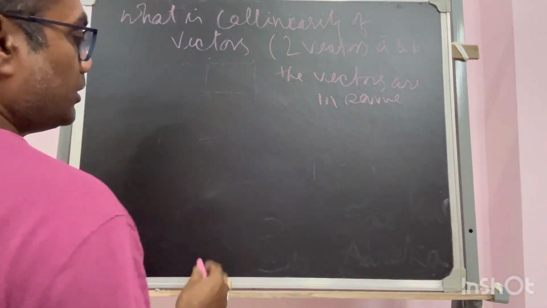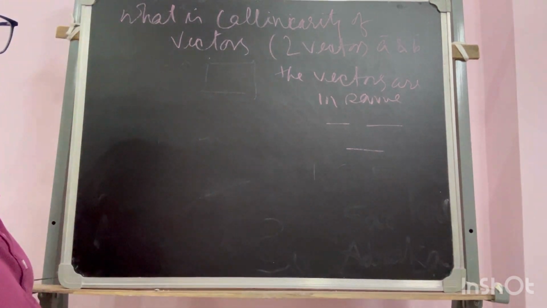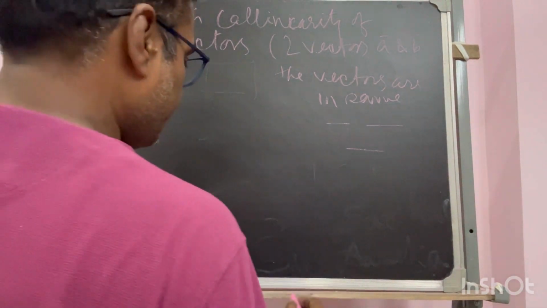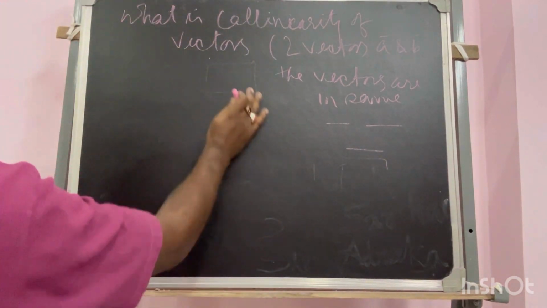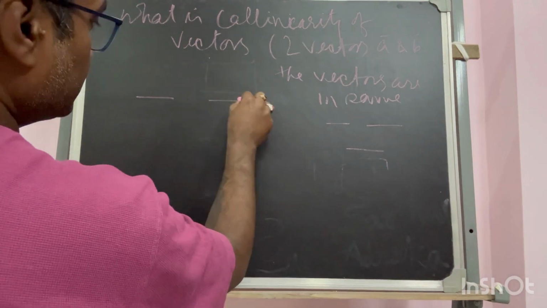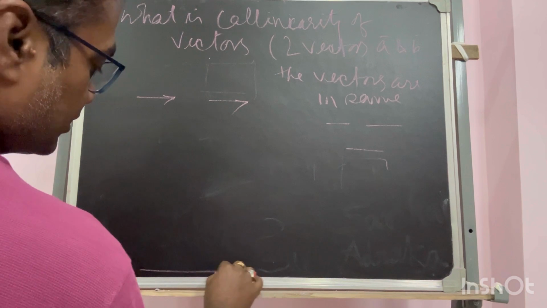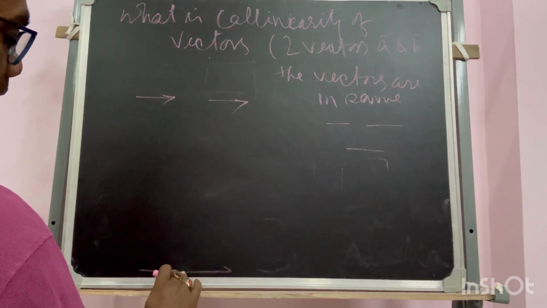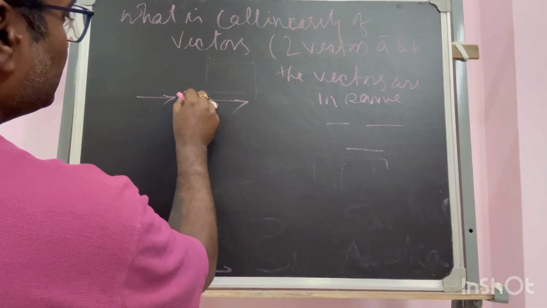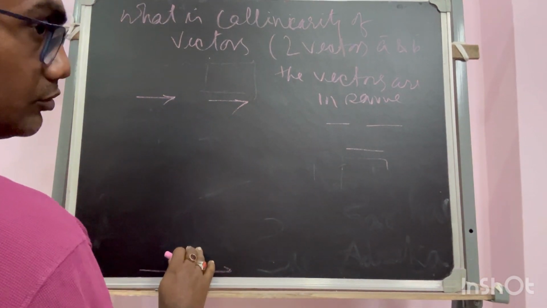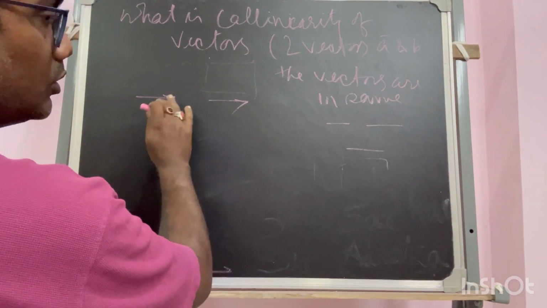So for collinearity, the vectors have to be on the same line or parallel to each other. Let's say I'm talking about this board. If it is a plane, any two vectors, and suppose the borderline is a vector, any two vectors parallel to the other vectors lying on the same plane are collinear.